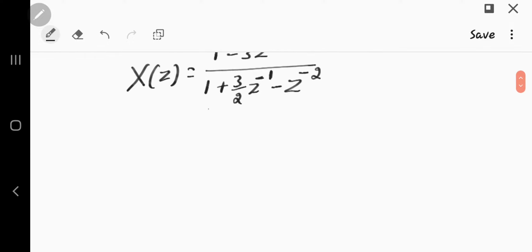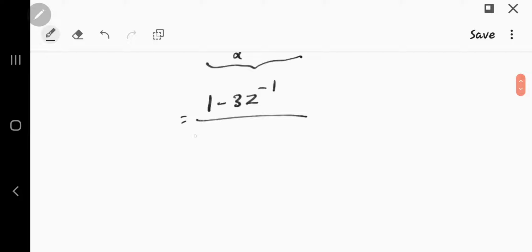Now if you take the factors for the denominator, you'll get 2 and 1/2. So the expression will be X(z) = (1 − 3z⁻¹) / ((1 + 2z⁻¹)(1 − (1/2)z⁻¹)).